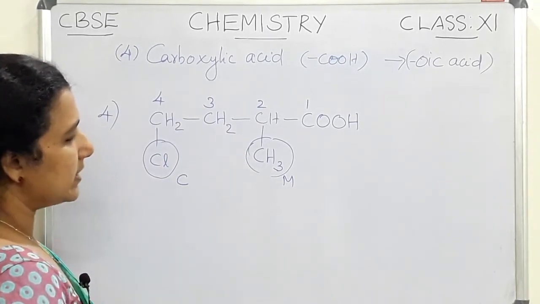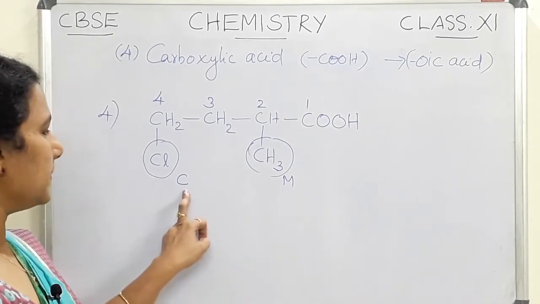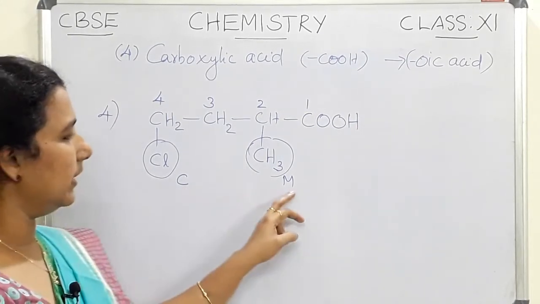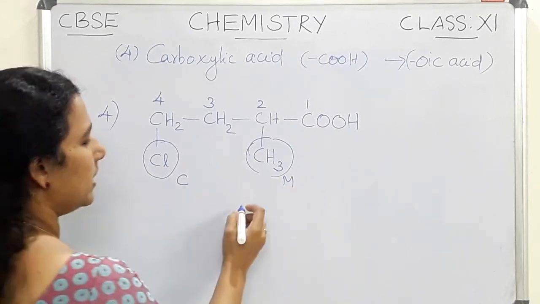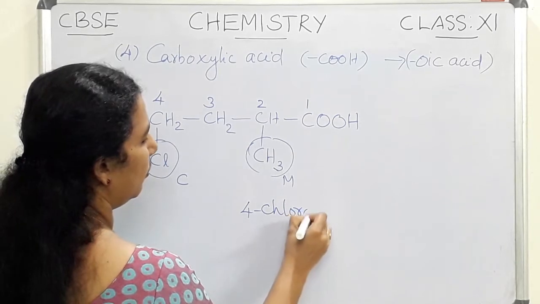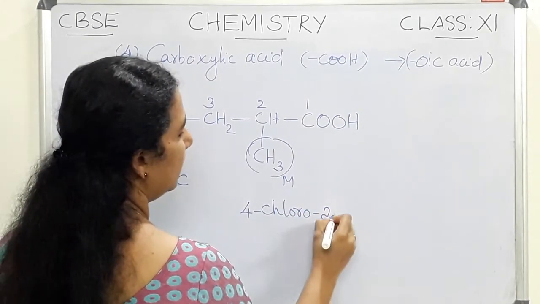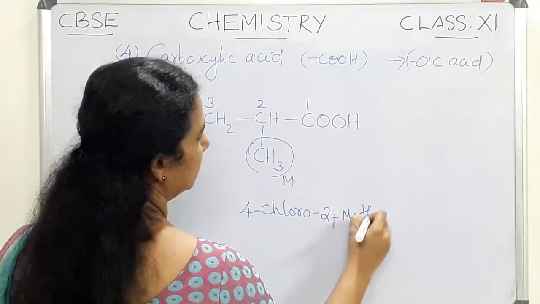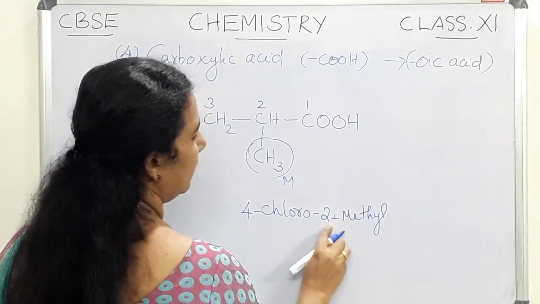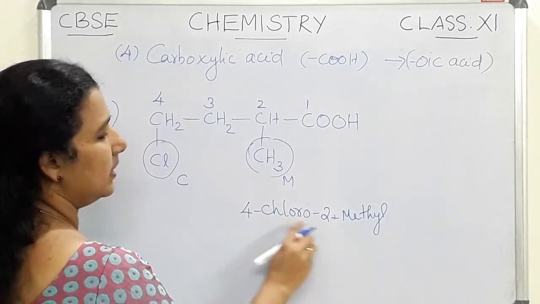So how can we start? So consider the alphabetical order. Chloro comes first, C comes first, then M. So we can start with 4-chloro, 2-methyl.